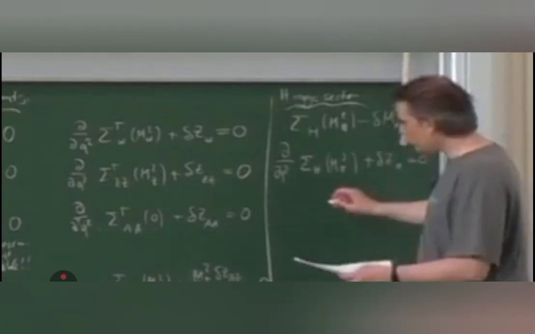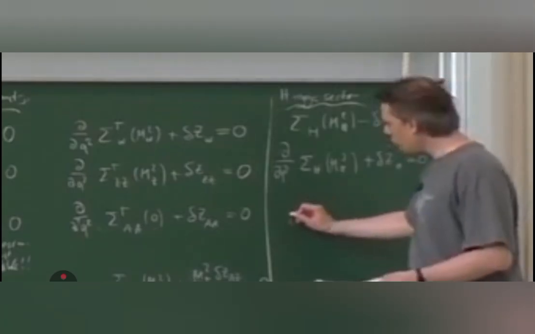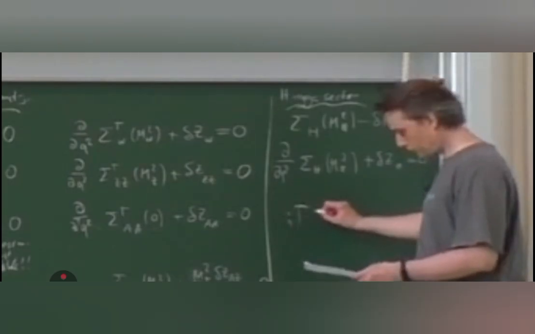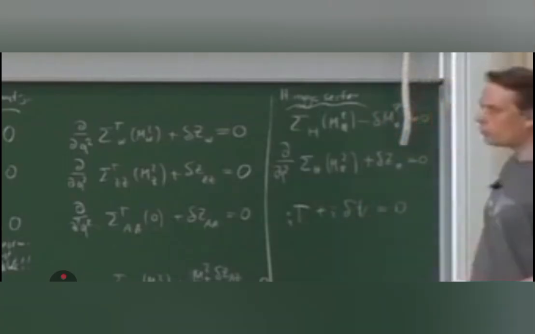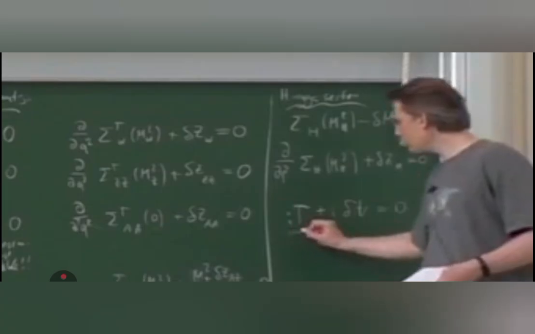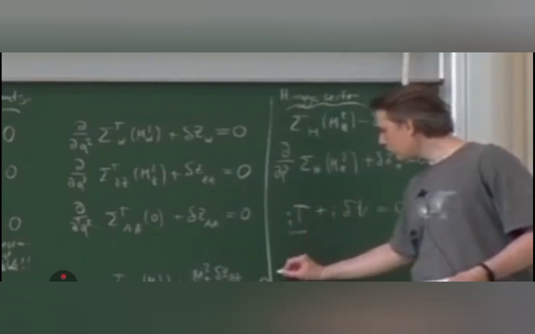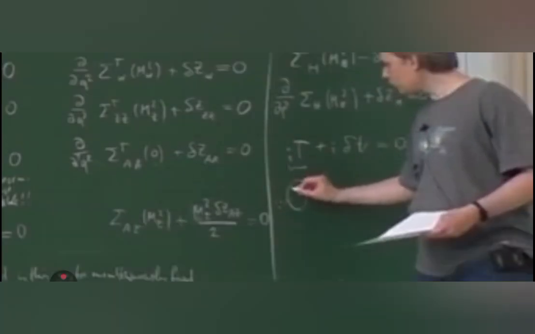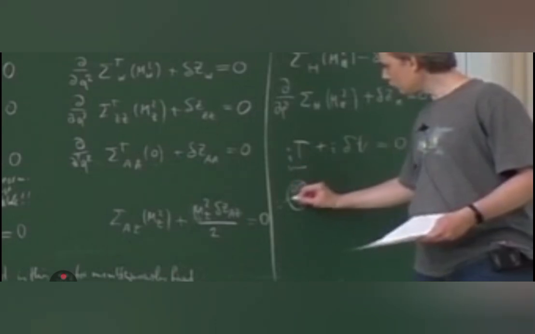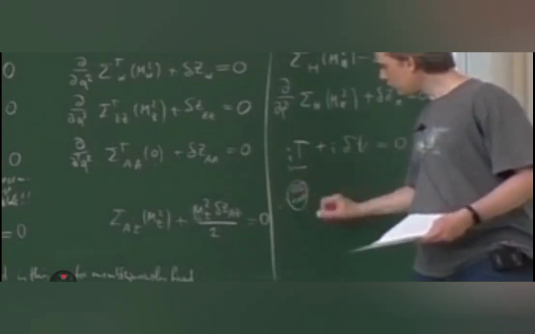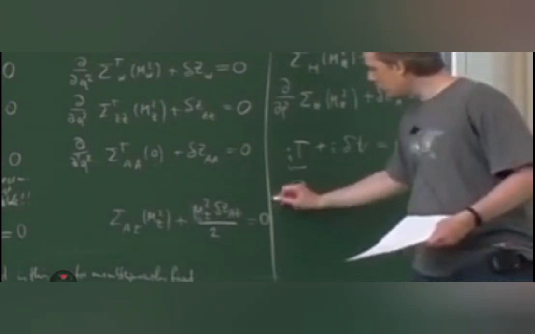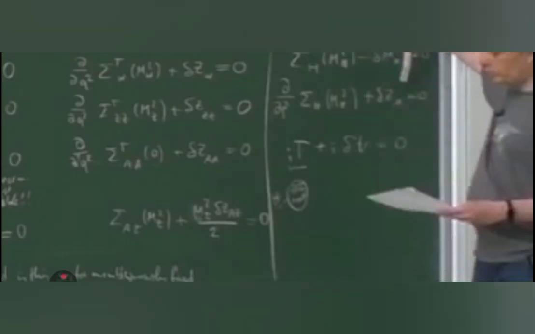And then we have the tadpole condition, I times t plus I times delta t must be 0. That is the condition here, where this I times t stands for the one particle irreducible without counter term diagrams for the one point function with one external Higgs, so the tadpole Feynman diagrams. And then again, all renormalization constants are fixed.